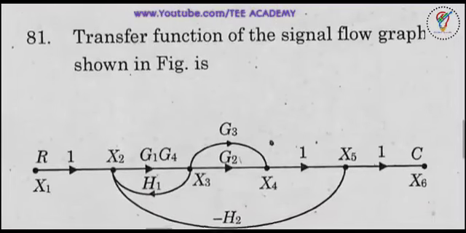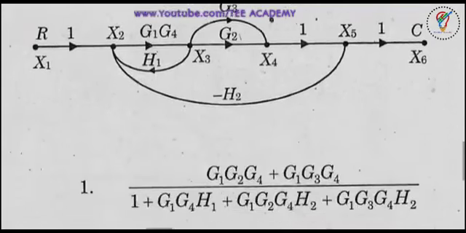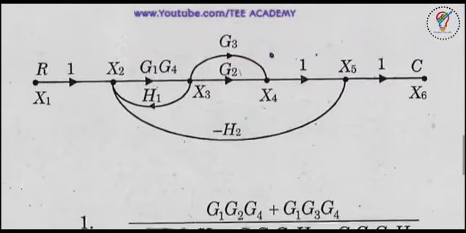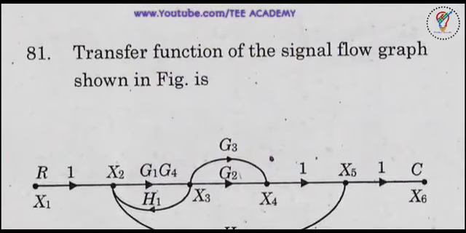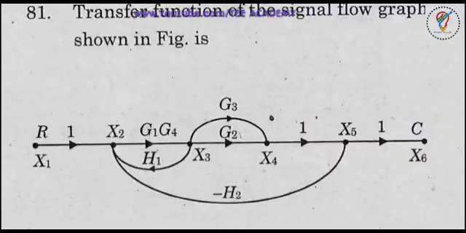The next question here. The signal flow graph is shown in the figure, and its transfer function we need to calculate. First we will write the forward paths, and finally we will write the formula. First, forward path gain P1 is equal to, so entire 1.